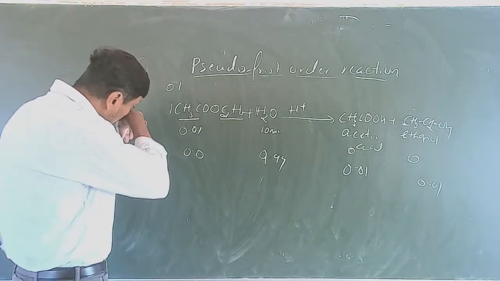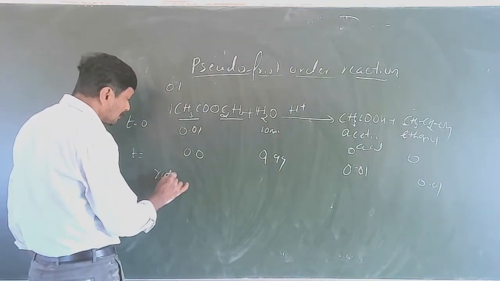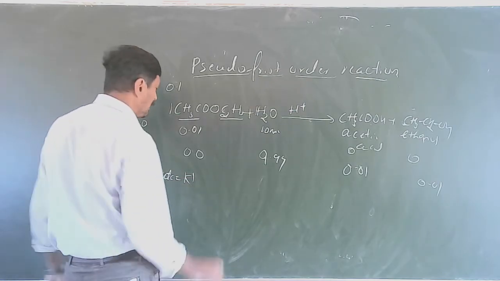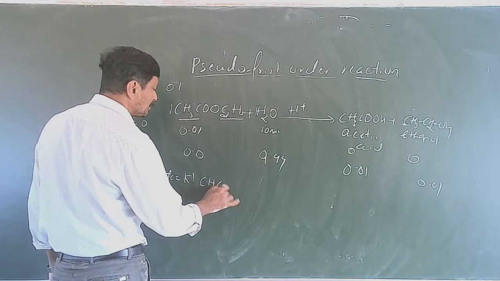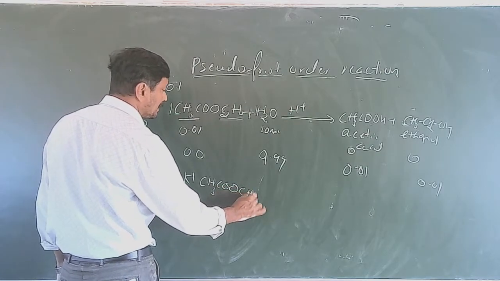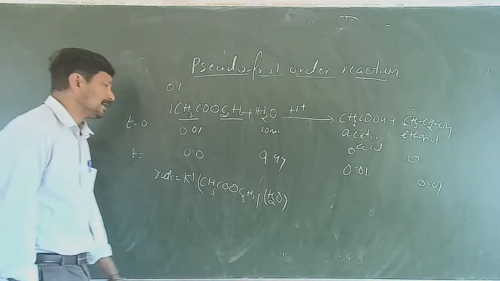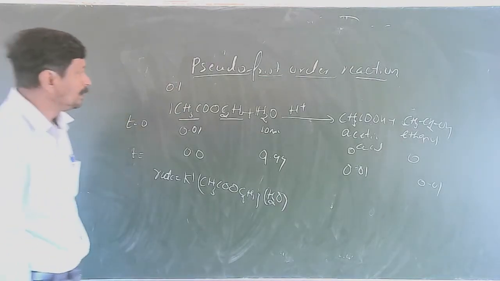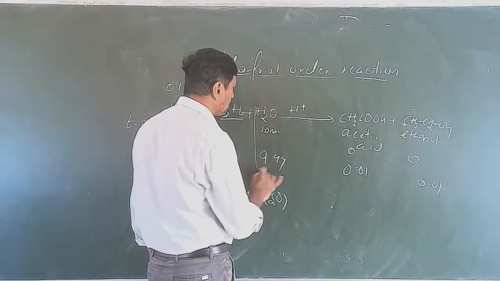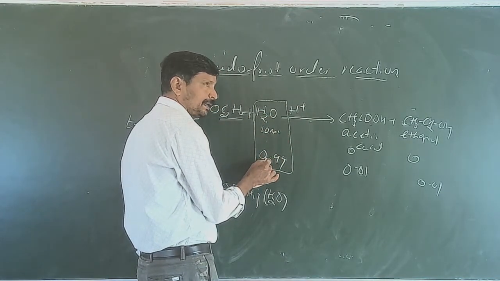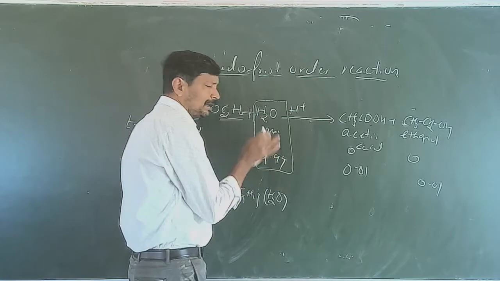Now, what is the rate equation? Rate is equal to K dash into molar concentration of ethyl acetate into molar concentration of water. Look at the molar concentration of the water: the initial concentration and the concentration at time T are almost constant.